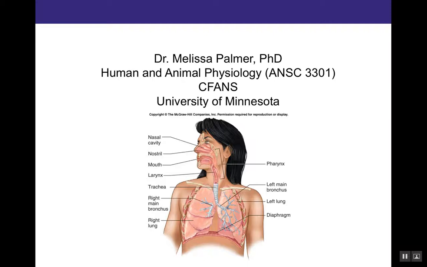Okay, so before we move on to DPG, I want to just make sure that you guys think about this and apply it. Okay? So when I think about the Bohr effect, I always think about exercise. So what happens with exercise, right?